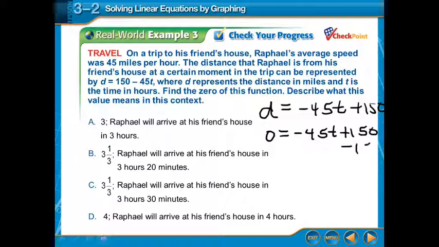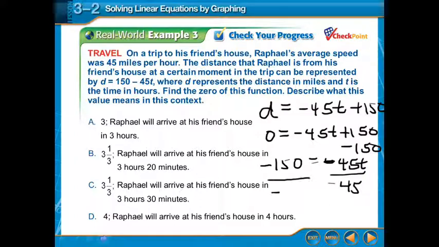I would subtract 150 from both sides of the equation. That's a negative 45t. And then I would divide both sides by negative 45. A negative divided by a negative is a positive, and that's a good thing because time needs to be positive unless you're doing time traveling. And then I would get about 3 1/3 hours of time. And so your answer has got to be B.